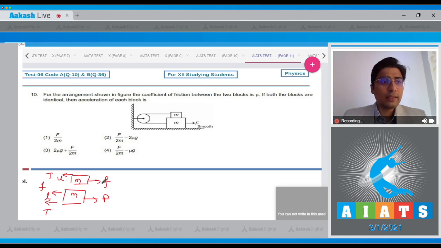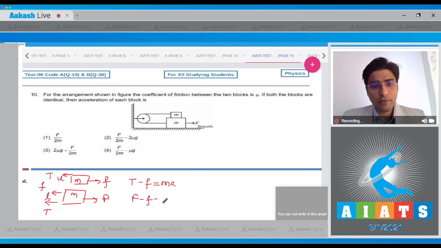Now, for the upper block, we can write down that T minus f is equal to ma, and for the lower block we can write down that F minus small f minus T is equal to ma, as the accelerations should be same.